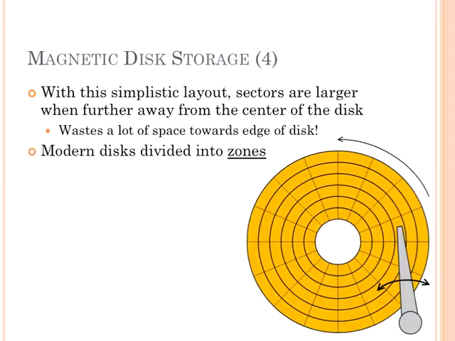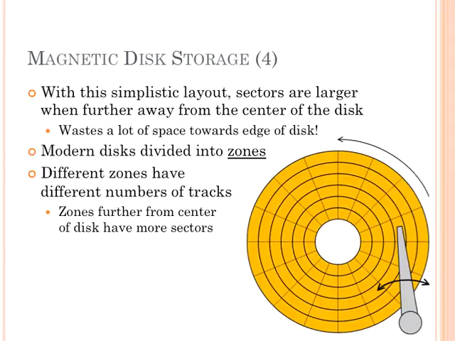And so now we divide them into zones, and you might have like 5 zones or 8 zones or something like that. And each zone is just a little section. So you might have a zone on the outside and then a zone just inside the outside and so forth all the way in. And each zone has its own sector layout. And the zones on the outside will have more sectors than the zones on the inside. Okay?